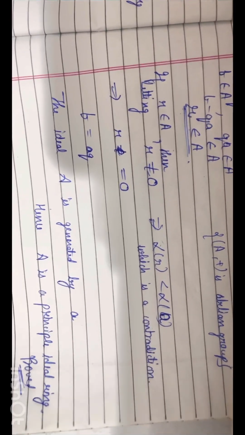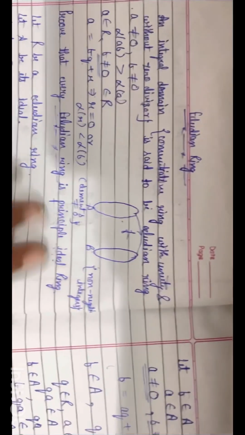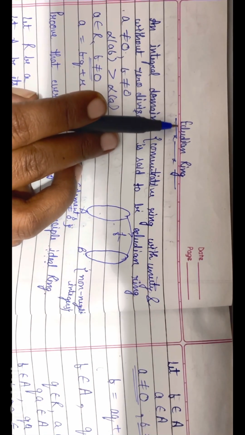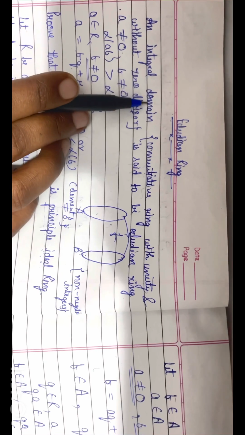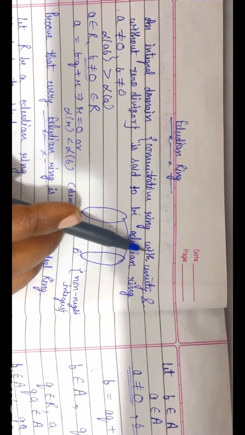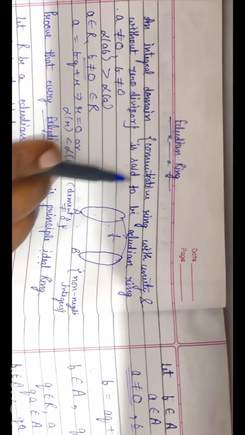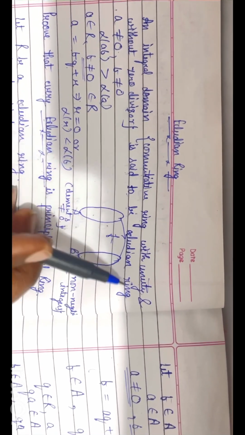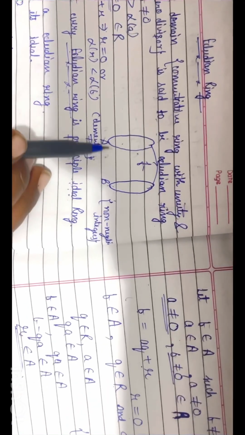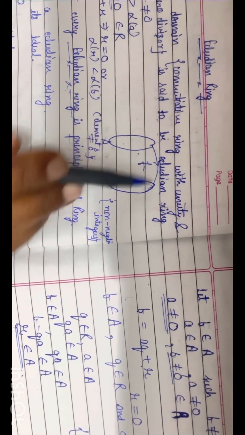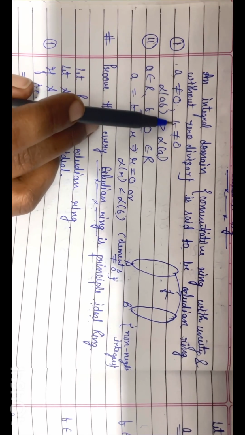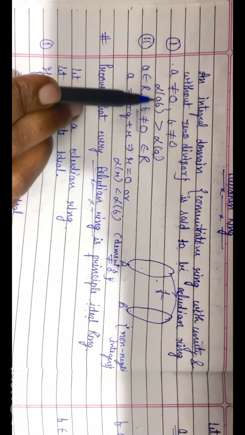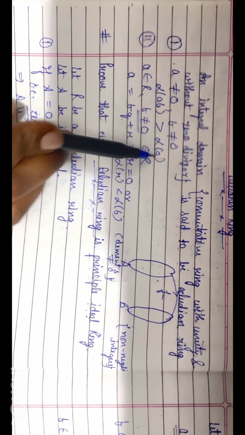Let us summarize that. Firstly, we recall what is a Euclidean ring. An integral domain. What is an integral domain? A commutative ring with unity and without zero divisor is said to be a Euclidean ring if a mapping alpha may be defined from a set of non-zero elements to a set of non-negative integers such that, if A does not equal 0, B does not equal 0, then alpha of AB is greater than or equal to alpha of A. First condition.